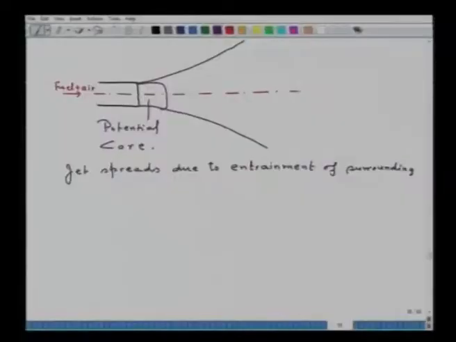That is, the diameter of the jet at any distance downstream of the nozzle, or downstream of the burner, increases. So, here is the entrainment of surrounding.